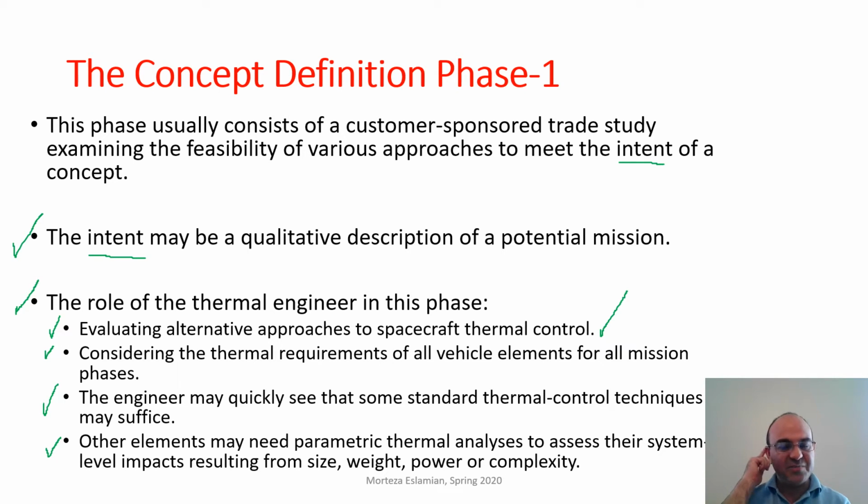At this stage, it's a general parametric thermal analysis in order to see whether the process is feasible, or what the weight of the system, the required power, and the complexity are. It is basically to picture the entire system and show it in the document so that the executives, the customer, can decide whether they want to do it or not.